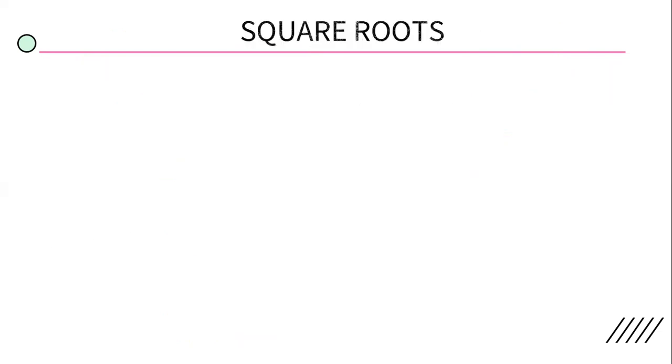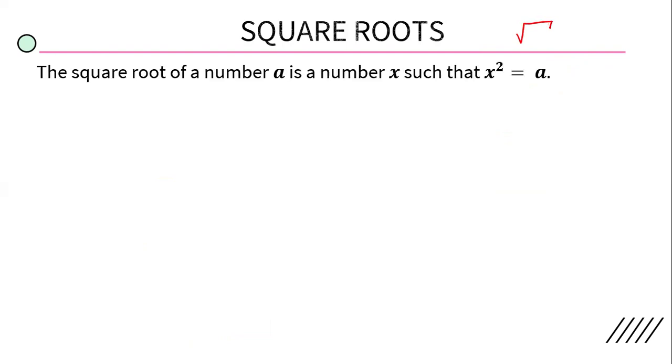Square roots. Now, in dealing with the square root, we're looking at this symbol, the radical symbol, without any number placed there. So the square root of a number a is a number x such that x squared is equal to a.